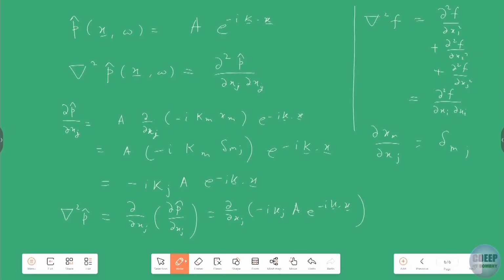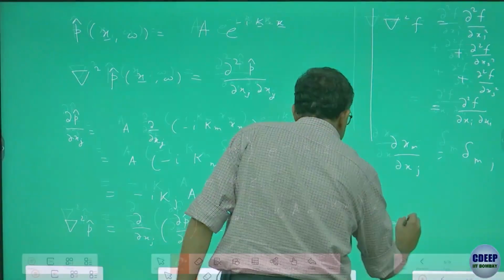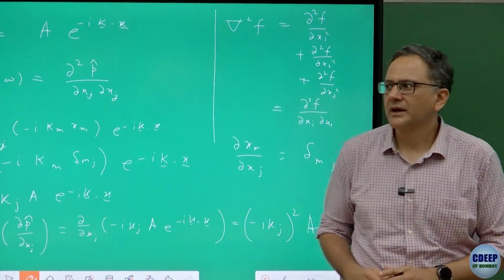So again, minus j kappa j is not a function of xj, so it can be taken out, and I again get the same problem as before. So that brings out another minus j kappa j. So this time, whole square, A e to the power minus j kappa dot x. So what is this quantity, kappa j square?